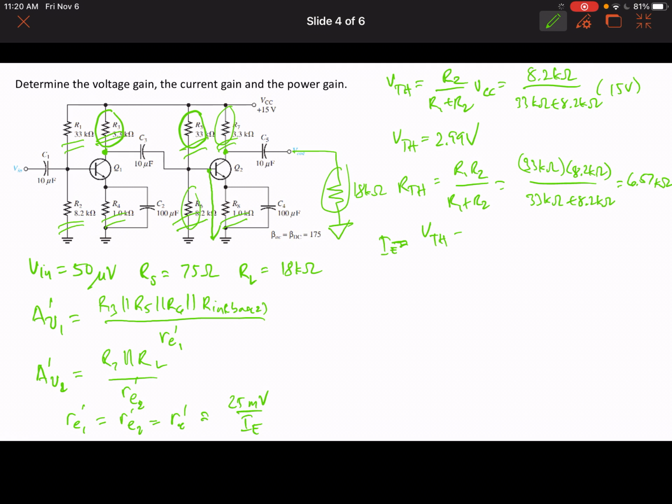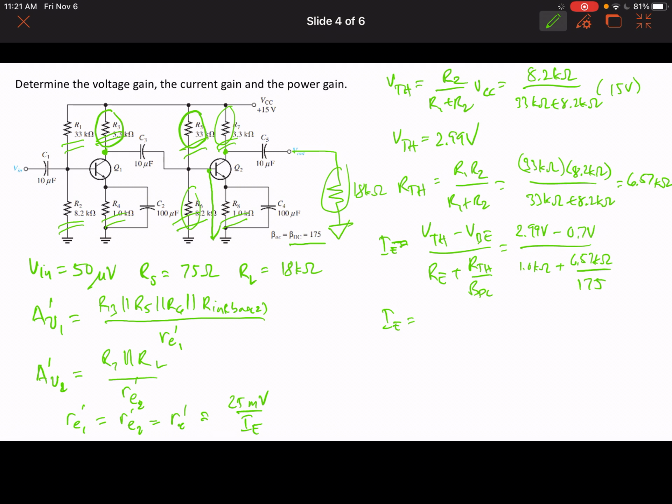Okay, from here we are able to solve for IE, and IE is equal to the Thevenin voltage minus the base emitter voltage, divided by RE plus the Thevenin resistance divided by beta DC. Beta DC is given here. So VTH we know to be 2.99 volts minus VBE, which is 0.7 volts, divided by RE, which is 1 kilo ohm, plus RTH, which is 6.57 kilo ohms divided by beta DC of 175.